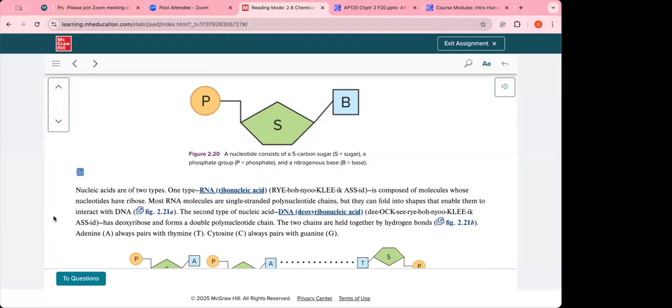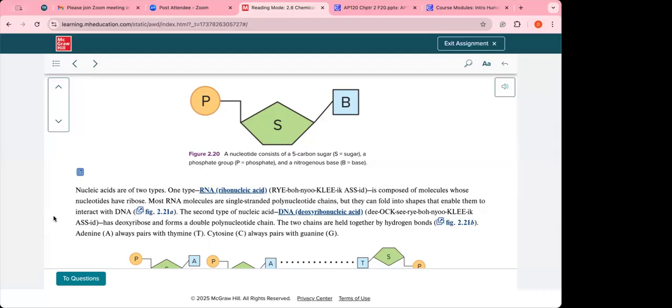The second type of nucleic acid, DNA, deoxyribonucleic acid, has deoxyribose and forms a double polynucleotide chain. The 2 chains are held together by hydrogen bonds. Adenine always pairs with thymine. Cytosine always pairs with guanine.